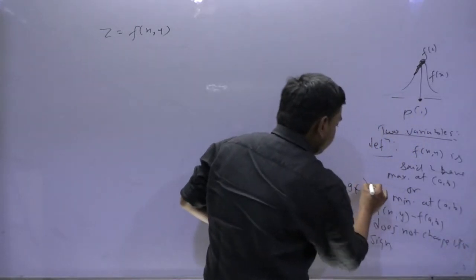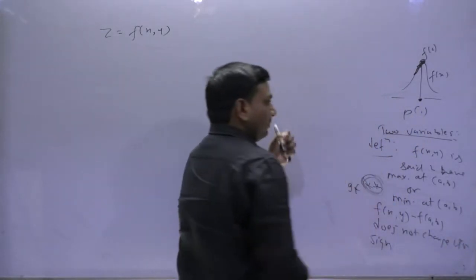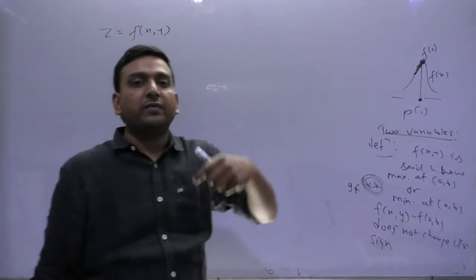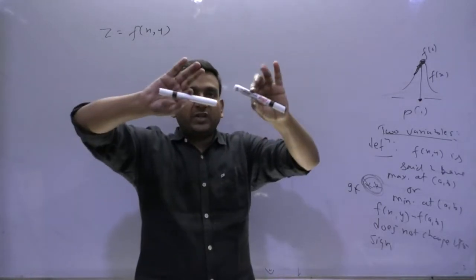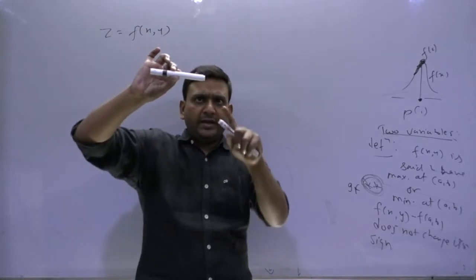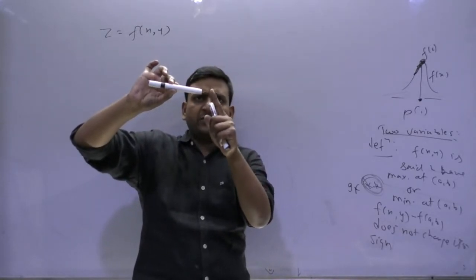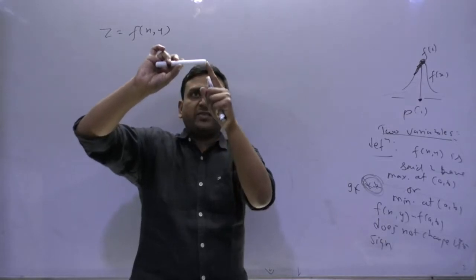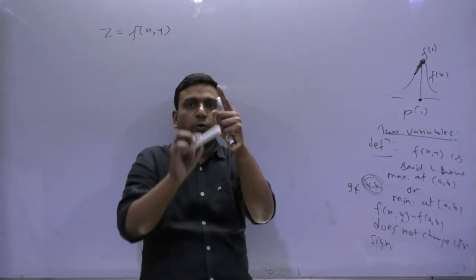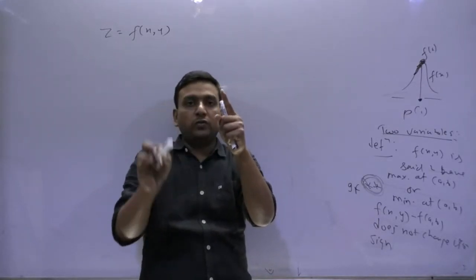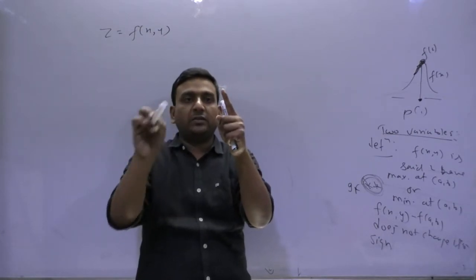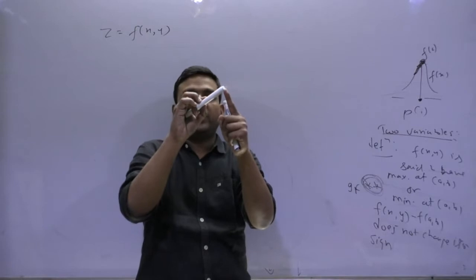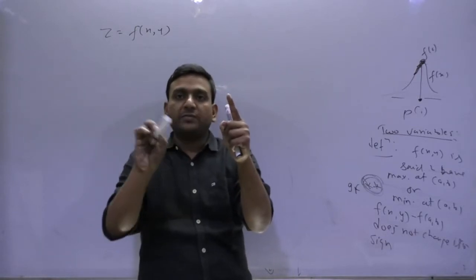Please make a star here and do remember this in case of 2 variables, 3 variables and so on. What it is saying is, suppose that you have some function and it has a maximum value at this point. So maximum means whatever other values are there, those should be less than this value. So if I subtract these values respectively from this, I'll always be getting a positive sign.